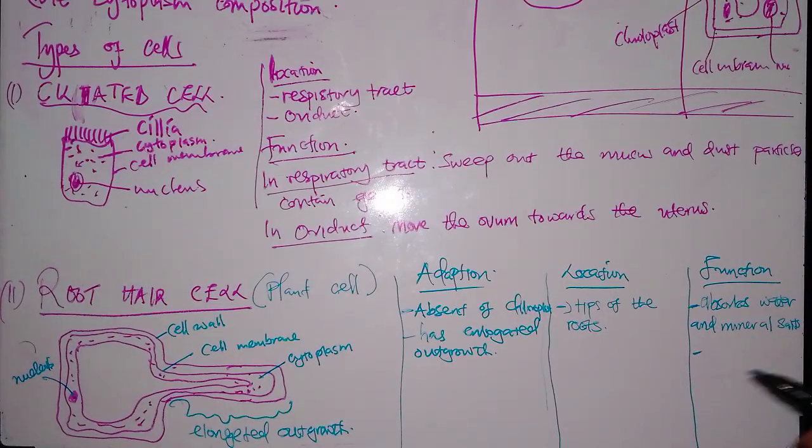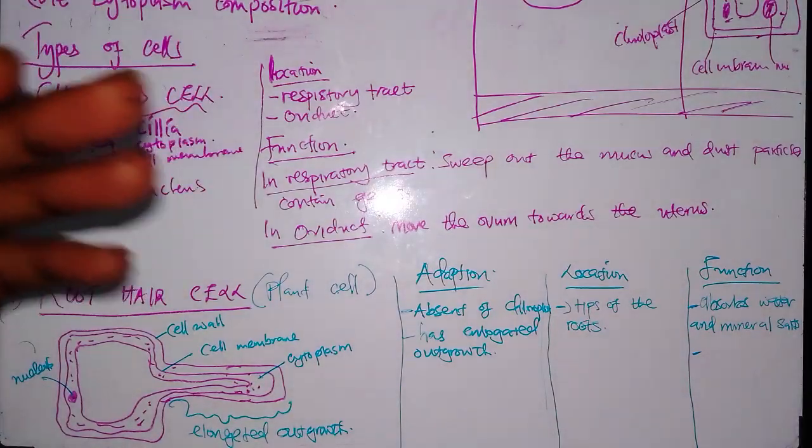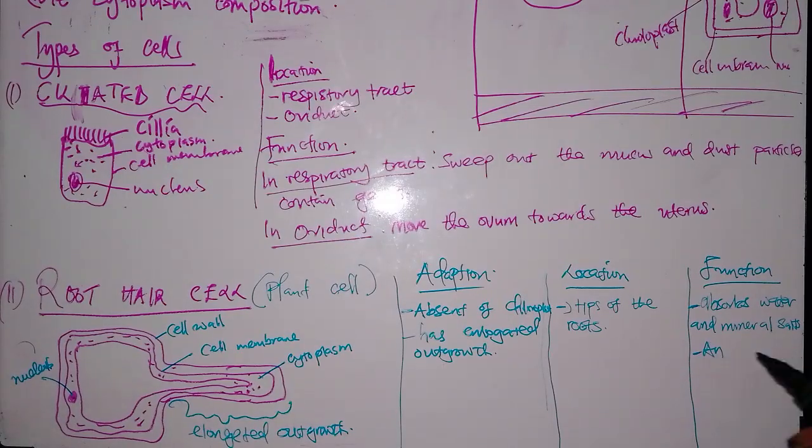And the second function is, because it is near the tips of the roots, and we also know that the roots anchor the what? The plant to the ground. So another function of this cell is to anchor the plant to the ground.